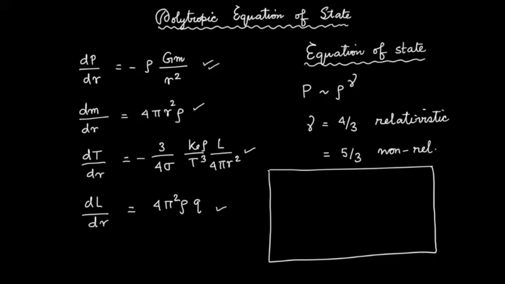Because P is given as rho to the power some number, these are often called polytropic equations of state.